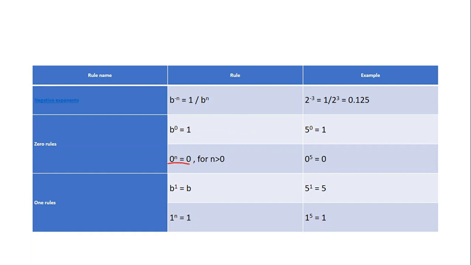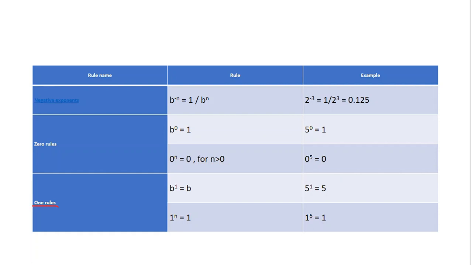When 0 is the base, doesn't matter what the exponent is, the answer is always going to be 0. That means that 0 to the 5 is 0, 0 to the 20 is 0. 0 to any number is 0. There is just one exception: the exponent must be positive. In this case, it's not possible to solve if the exponent n is a negative number.